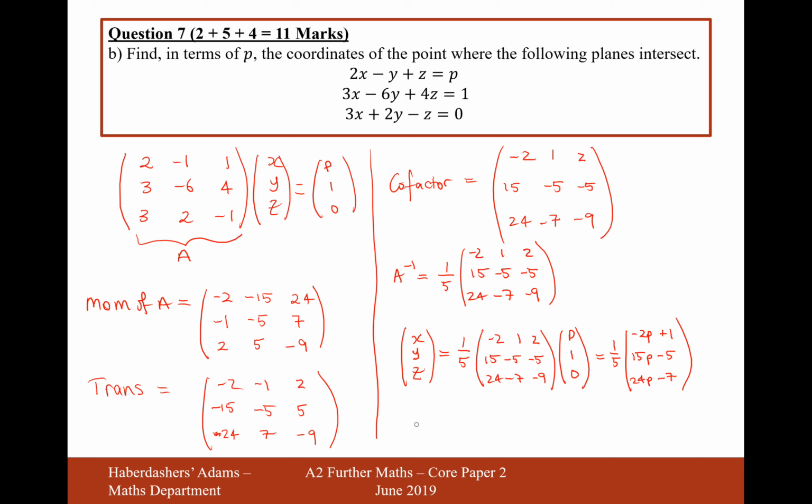That will all be over 5, so therefore the coordinate's going to be minus 2p plus 1 over 5. Next one's going to be 3p minus 1, because we can divide that one by 5. And the next one's going to be 24p minus 7 all over 5. So there we are. That will be the coordinate where all the planes intersect in terms of p.